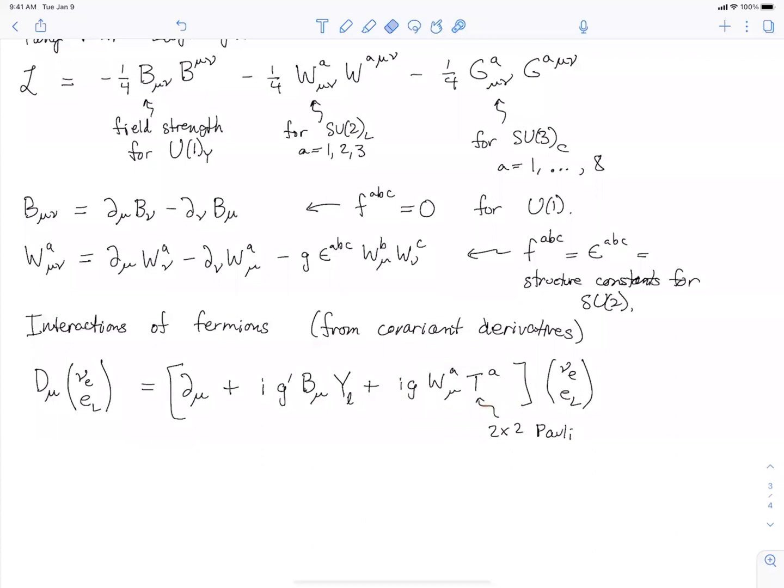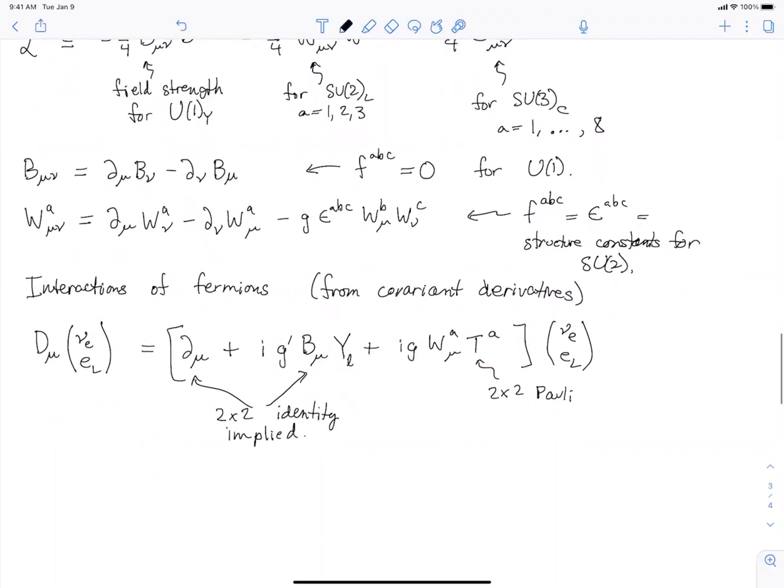The rest of this is proportional to the identity matrix, so a 2 by 2 identity is implied. And that's how the covariant derivative acts on these things. When I plug this into the Lagrangian, I'm going to have an interaction between fermions and vector bosons.